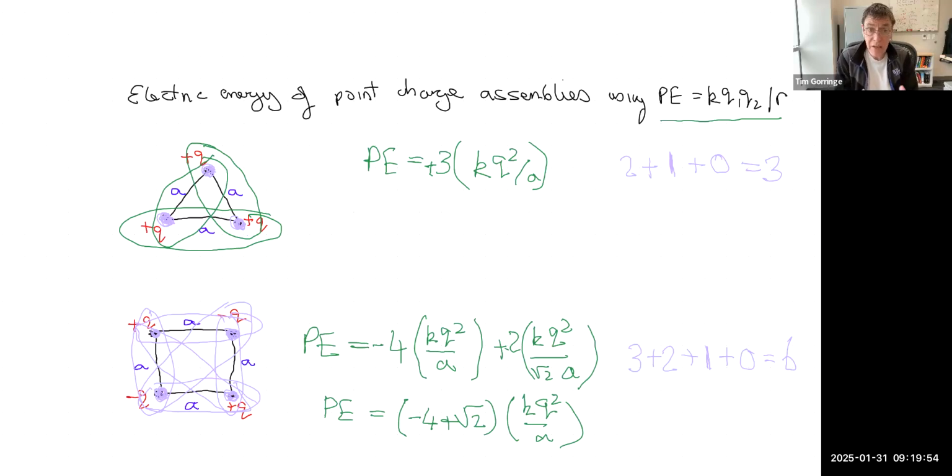To pull that arrangement apart, we would have to do the reverse. We would have to add energy. We'd have to do work to pull these charges apart. So the top arrangement kind of wants to fly apart, whereas the bottom arrangement wants to stick and stay together. And that's the difference between the positive potential energy of an arrangement of charges and the negative potential energy of an arrangement of charges.